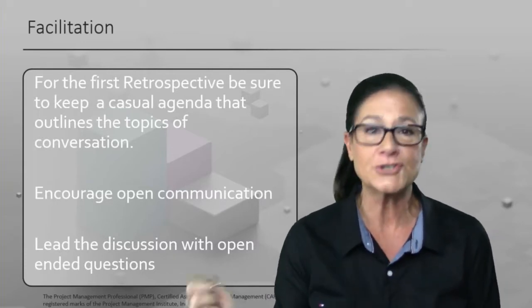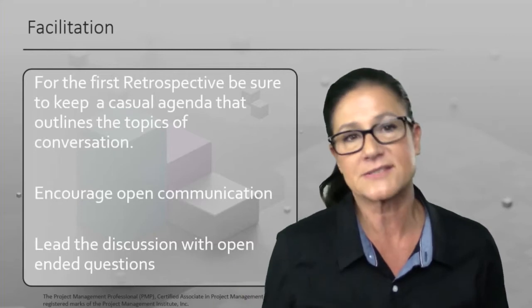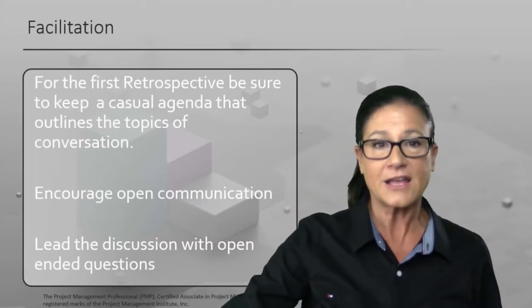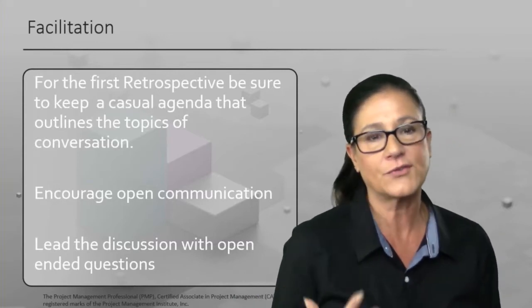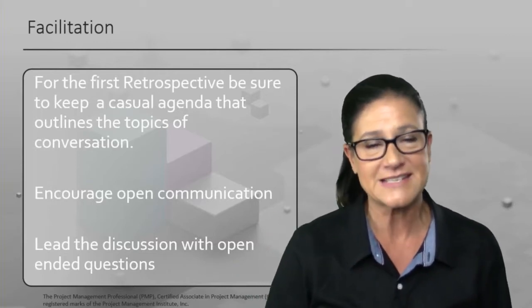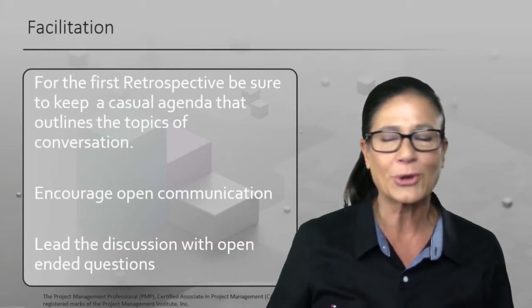And how can we do this? For the very first retrospective, have an agenda like you would for a lessons learned meeting. Just so, one, if you're the facilitator, you can keep track of the timeframes that you want to spend on certain topics. And it also gives your team an idea as to what you're going to be discussing. And that helps pave the way for more open communications.